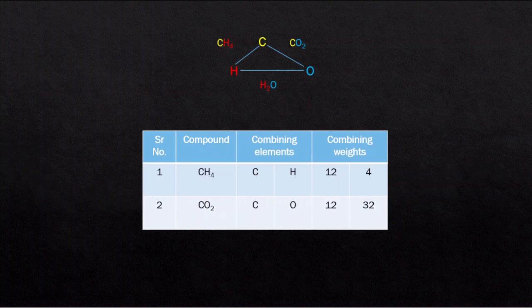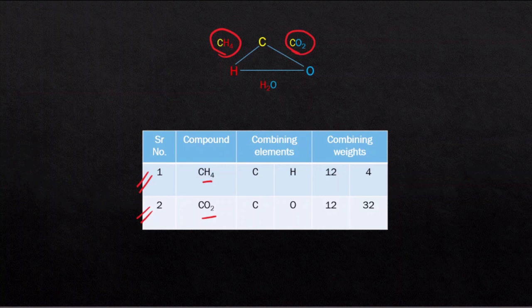Here we can see another example where all the masses of combining elements are shown in the form of a table. Our first compound is CH4, methane, whereas the second compound is carbon dioxide. So in this triangle, here is methane, the first compound, and here is carbon dioxide, the second compound.